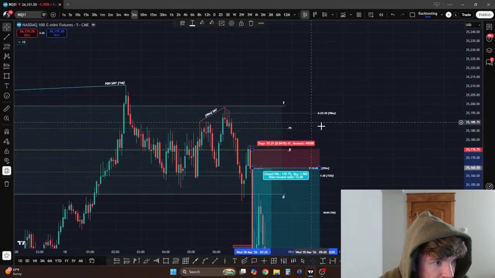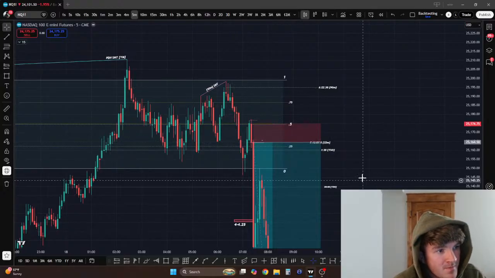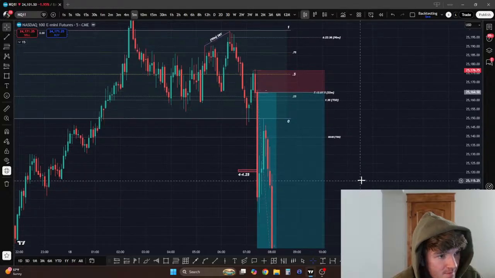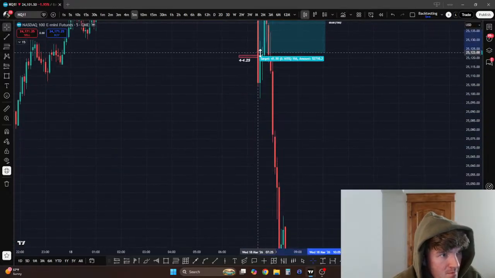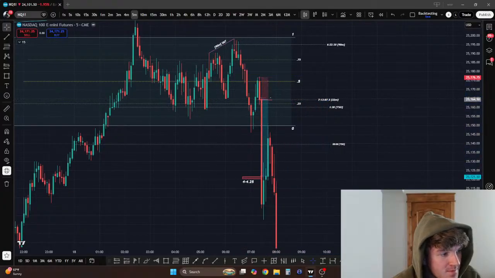I think we used the Reaper gap as well. Would not be surprised. Did we have an RTH gap below?